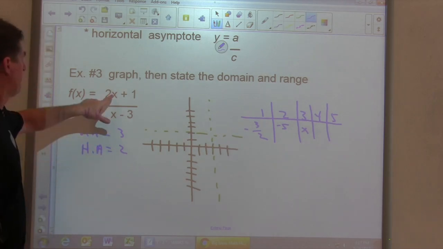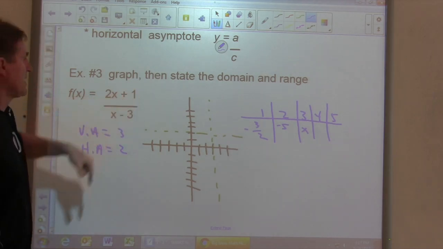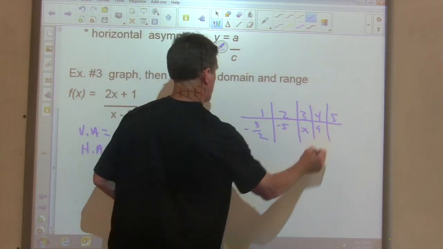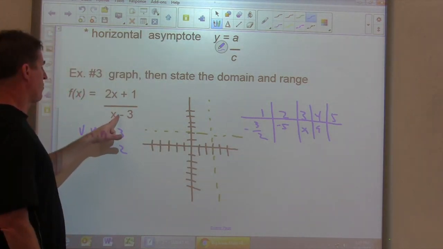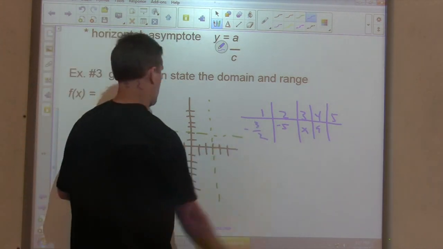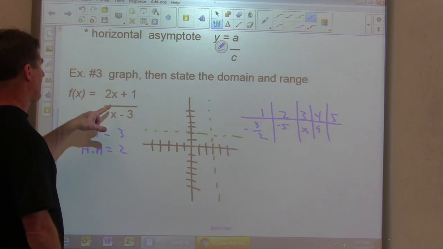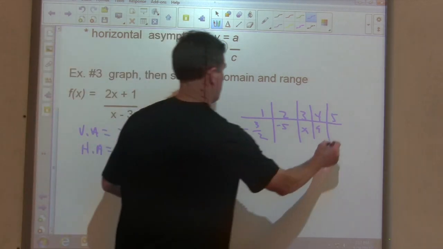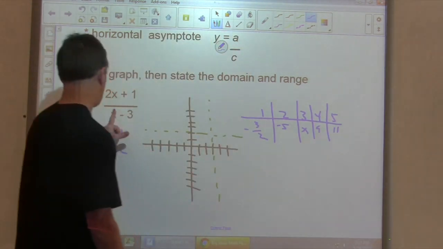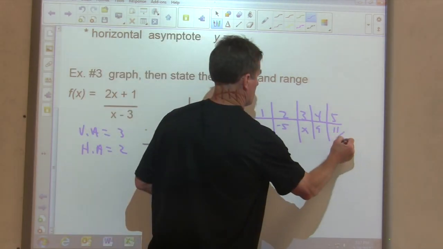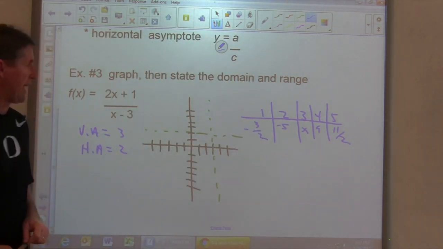Plug in 4, that would be 8 plus 1 is 9 on top. And 4 minus 3 is 1, so that would be 9. And then plug in 5, that would be 11 on top. And then 5 minus 3 would be 2, so 11 halves or 5 and a half.